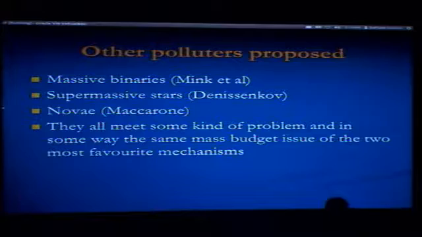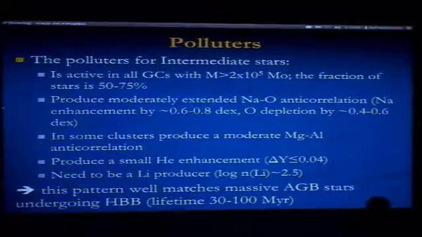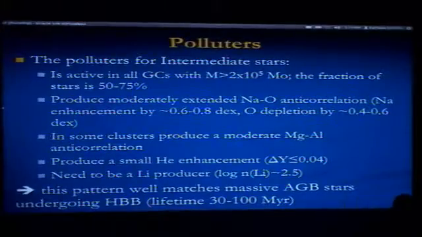In general, the real problem is the mass budget. You require that the original object from which the globular cluster formed was 5 to 10 times more massive than the current globular cluster. It is also possible that there are different polluters, because the properties of the intermediate stars are slightly different from the properties of the extreme stars.